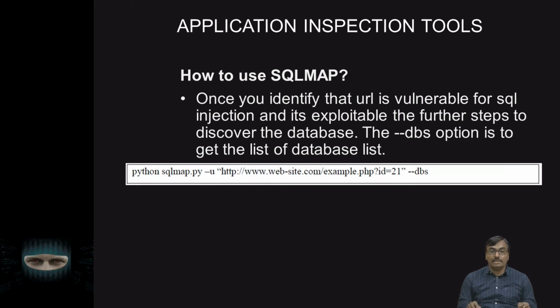So here you can see the example: python sqlmap.py -u, which is used for providing the URL. So here we have to provide the URL. Then at last we provide the --dbs option, which is used to get the database list available inside my website.com.